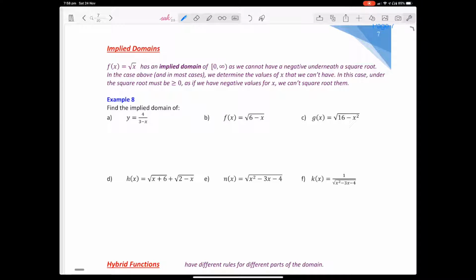So here, if we have the function f of x is root x, by definition, we know that when you square root something, whatever's underneath has to be greater than or equal to 0.